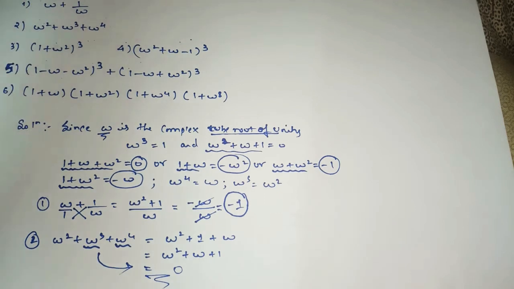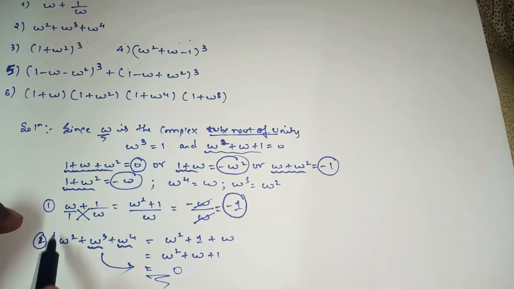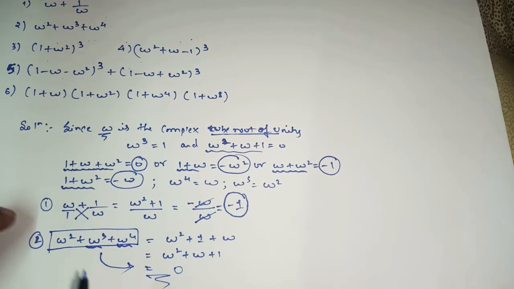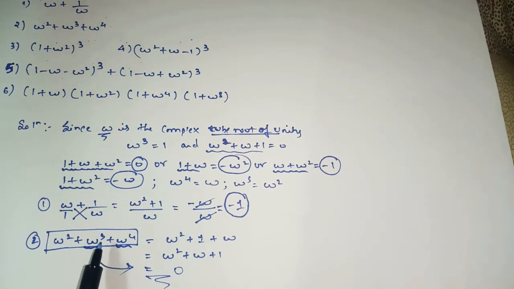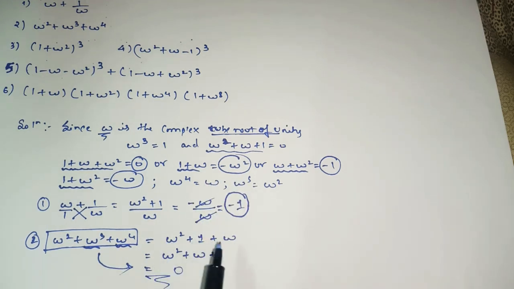So for the second sum, simply what I did: as we don't have the direct formula for this, but we have the ready-made values for these two terms, in place of w cube I wrote 1, and in place of w raised to 4, I wrote w. Then I arranged the equation in proper quadratic order, w square, then w, then 1.